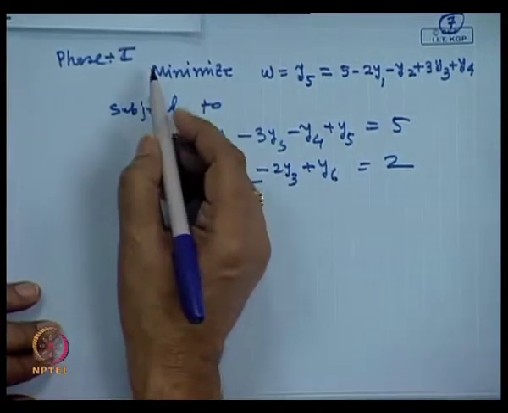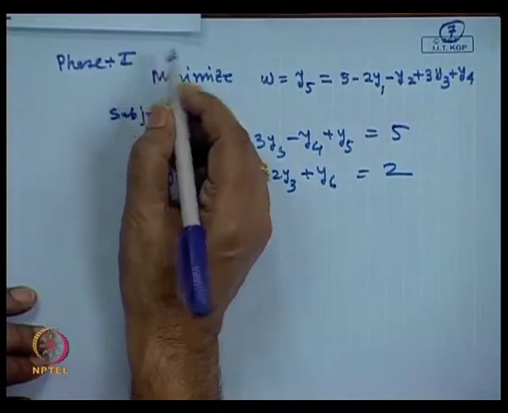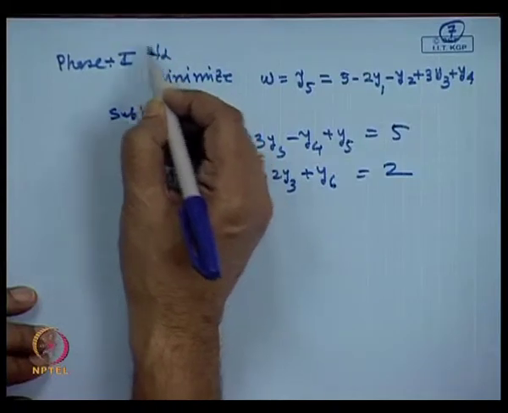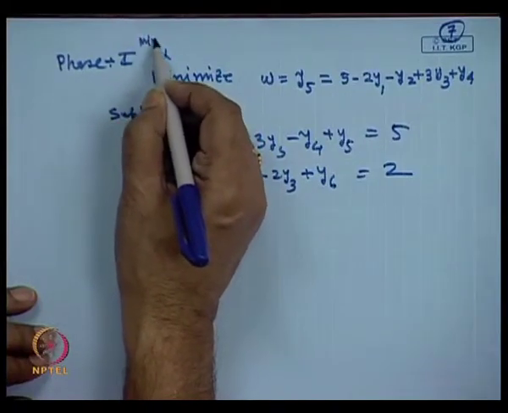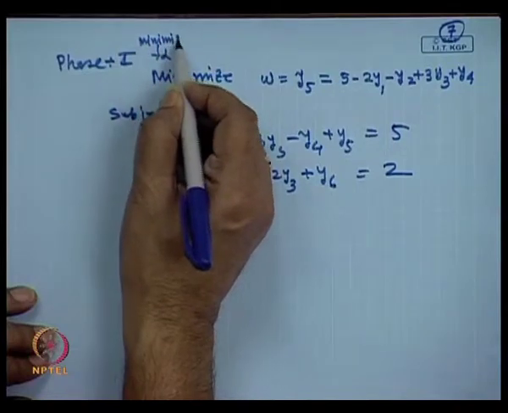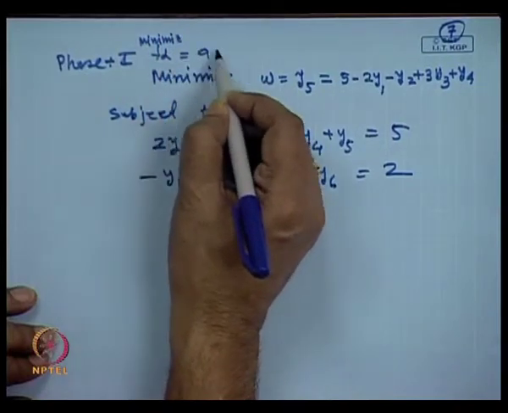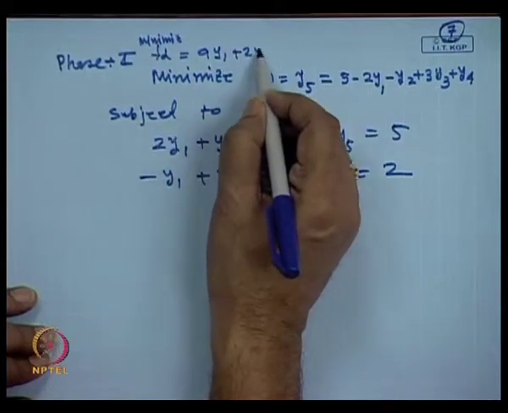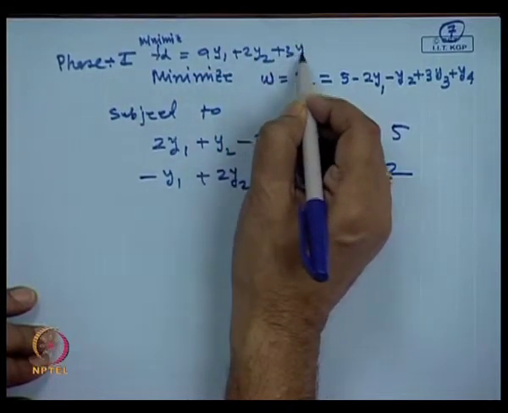These are the two equations we have written, the same equations I am writing here. Our original objective function is, if you see, minimize f d is equal to 9 y1 plus 2 y2 plus 3 y3.